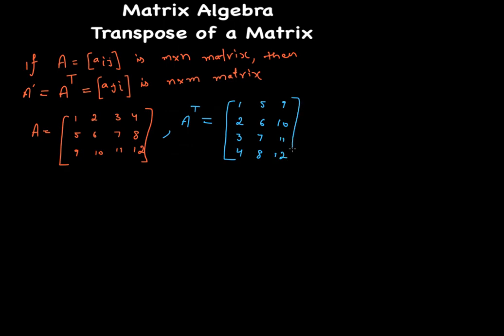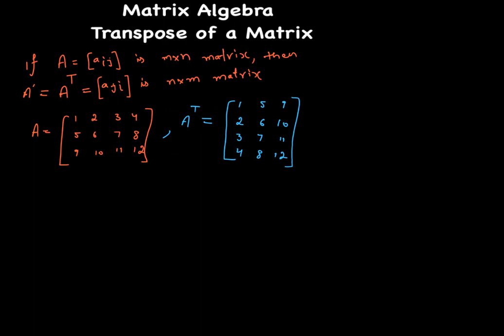So this is basically the transpose of matrix A. It's very easy, it's fun to work with. You just change the columns to the rows and the rows to the columns. Anyway, it will work both ways.